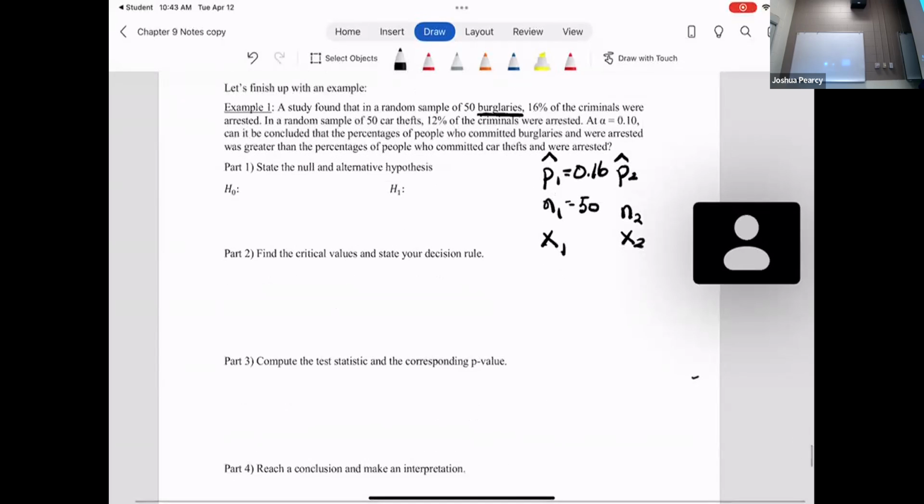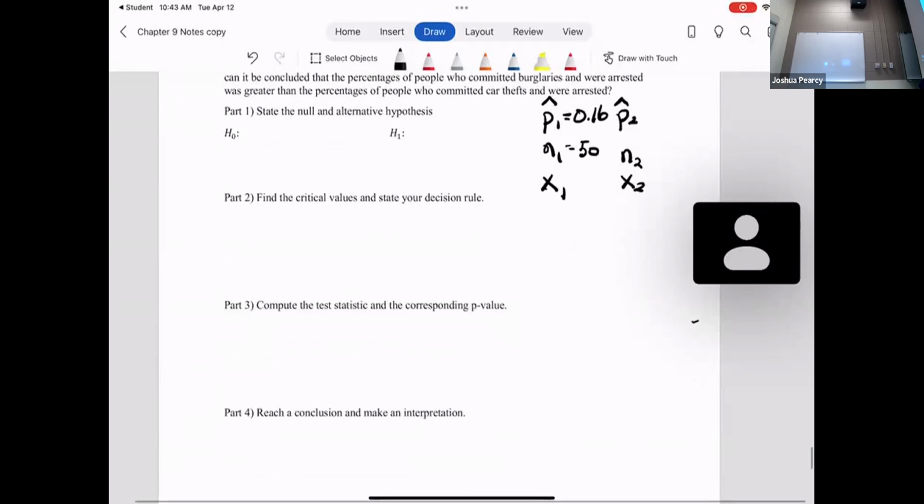Then you can find X1 by what? Remember, P1 hat is equal to X1 over N1. You have P1 hat, and you have N1, so just multiply them. If you do 0.16 times 50, what do you get? Yep, 8. So X1 is 8.